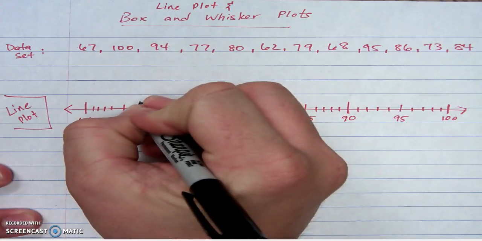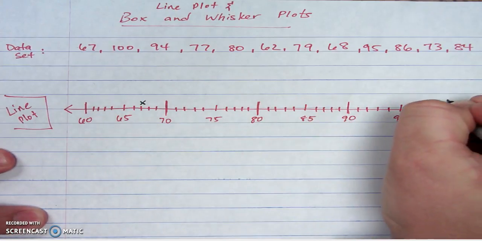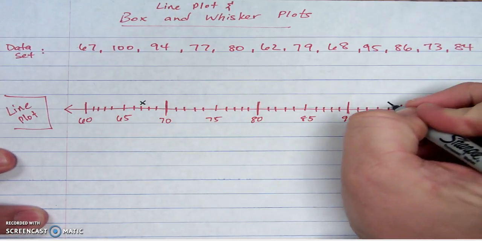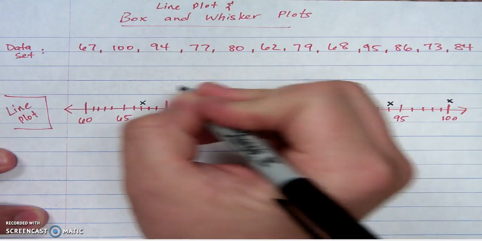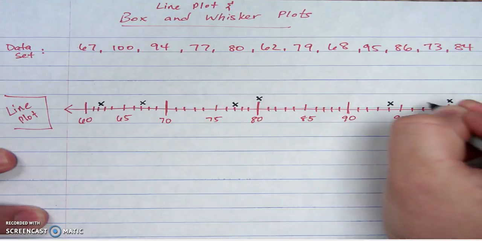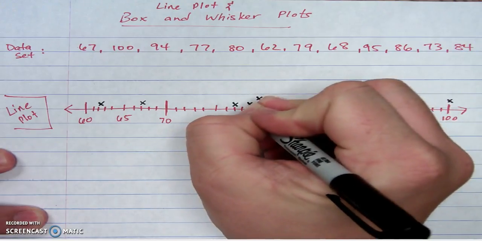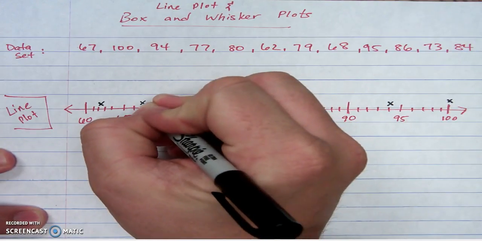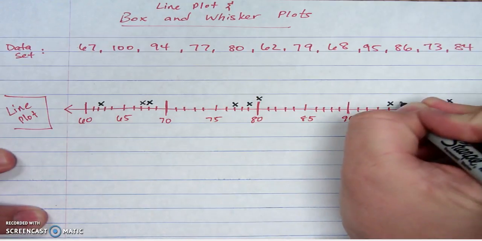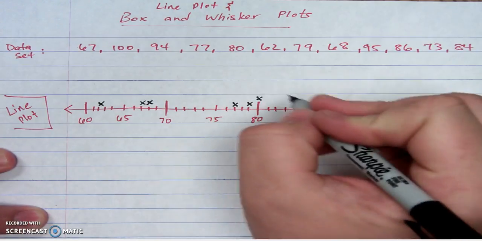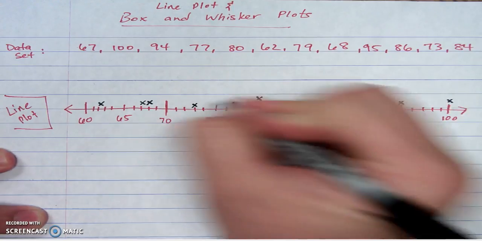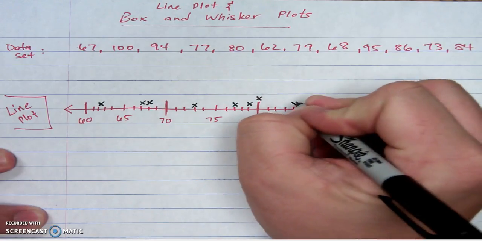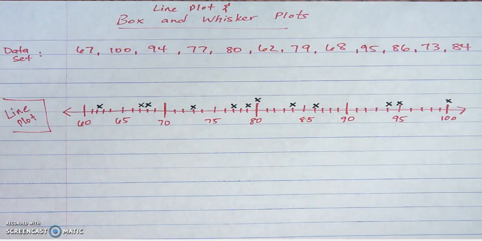So I have a 67 is going to get an X, 100, 94, 77, 80, 62, 79, 68, 95, 86, 73, and 84. Okay? So this just shows me the distribution of all of my data.